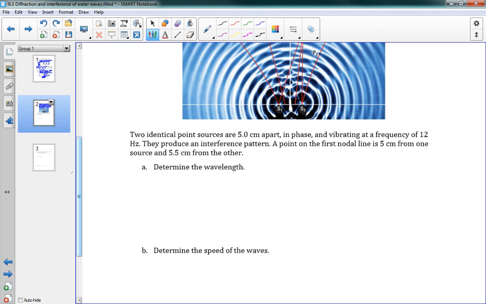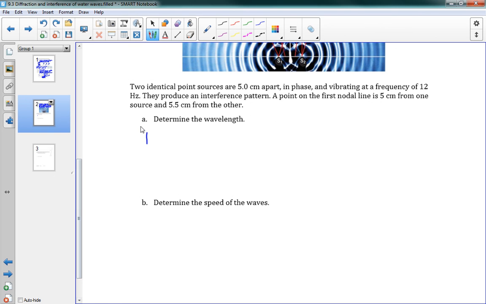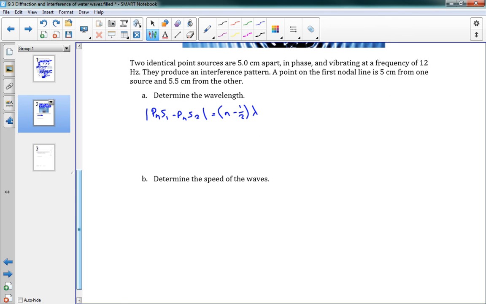Well, to determine the wavelength, we can say our equation, Pn S1 minus Pn S2 is equal to n minus 1/2 times lambda. You can rearrange that to solve for lambda. Lambda is equal to the magnitude of Pn S1 minus Pn S2, all divided by n minus 1/2.